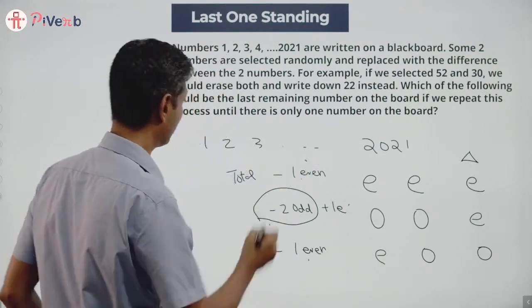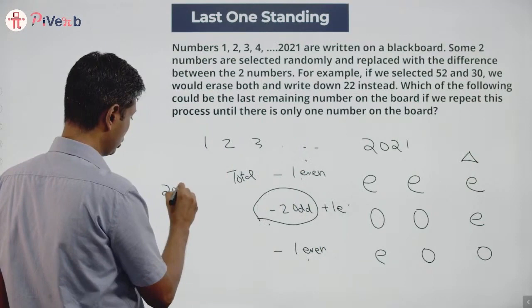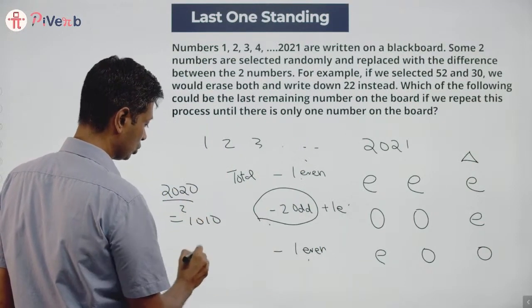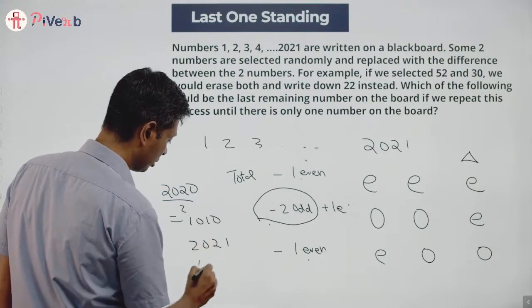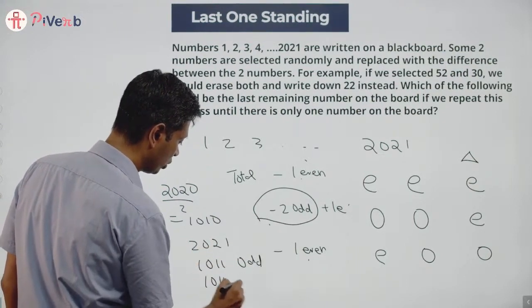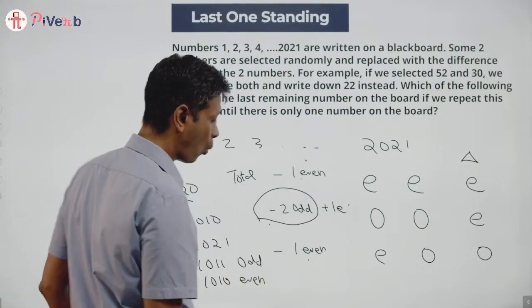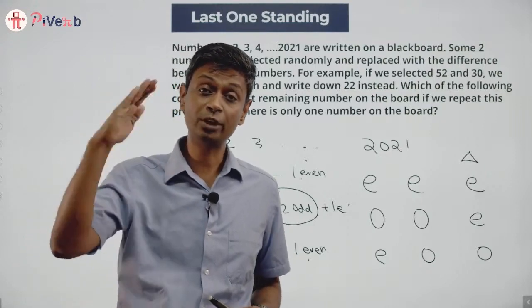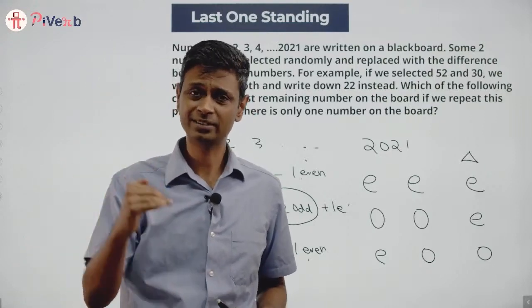Either the number of odd numbers reduces by 2 or it stays as it is. 2021 is an odd number. 2020 by 2 is 1010. So in 2021, there will be 1011 odd numbers and 1010 even numbers. Whatever we do, we'll either reduce the number of odd numbers by 2 or keep it as it is.